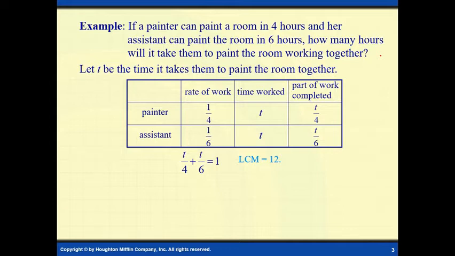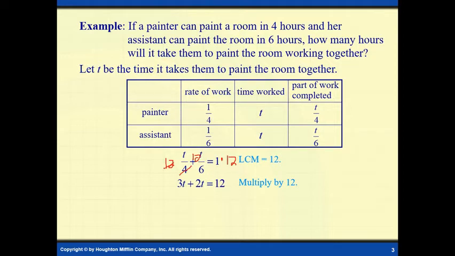We can notice that our LCM is going to be 12. Okay, so we're going to multiply each fraction by 12. So I'll multiply this fraction by 12, this fraction by 12, and the 1 by 12 as well. Okay, notice that what happens is we do reduce.